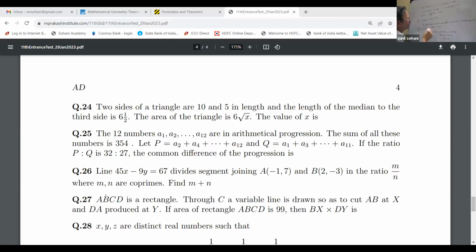The modified version is a plus 6d is 32, and you have 2a plus 11d is 59. So you can quickly multiply this by 2 and then subtract this from that.